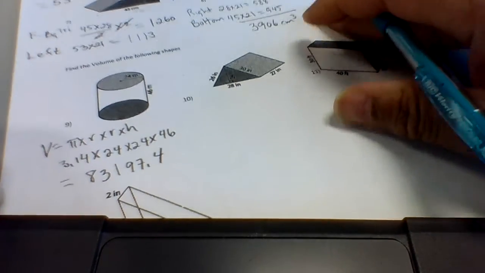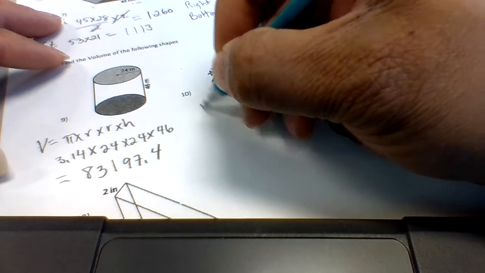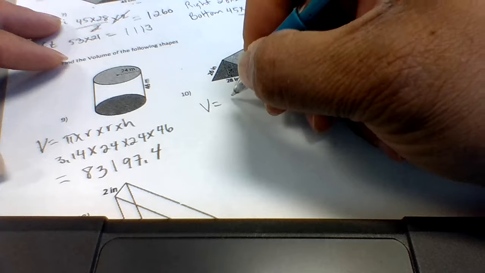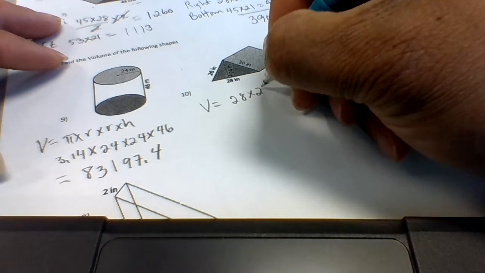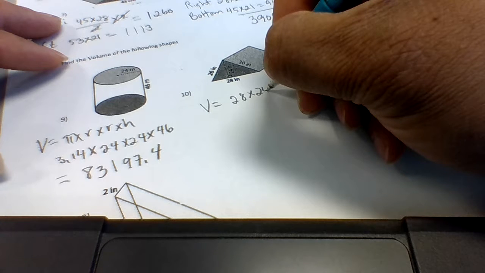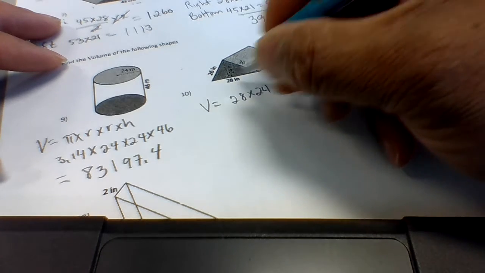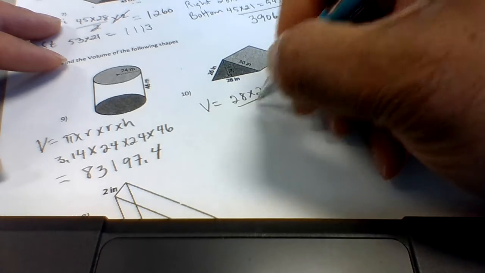Another triangular prism, but this time we have to find the volume. The area of the triangle in this problem is 28 by 24 divided by 2.